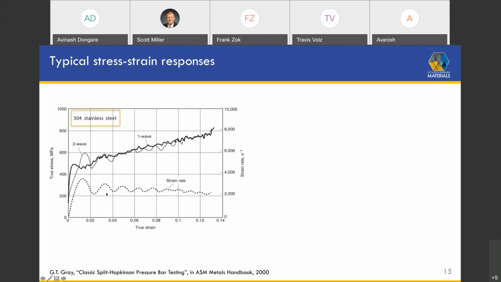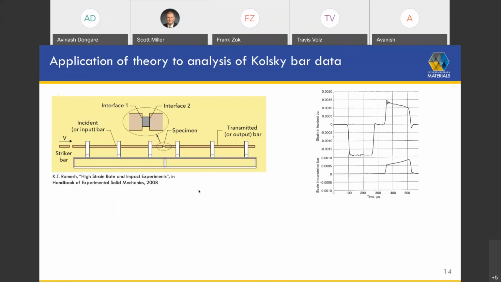Now, again, as a practical matter, if somebody wanted to do a test where they wanted a cleaner strain rate than this for some reason, then you can take certain measures to try to mitigate these dispersion effects. These are high frequency effects that you can damp out by using pulse shaping material.